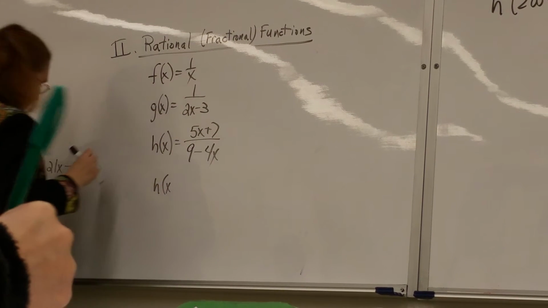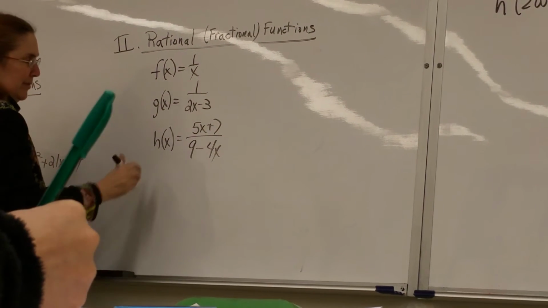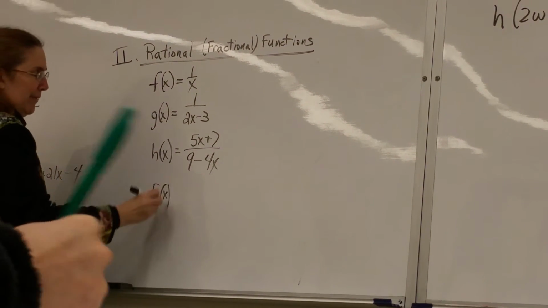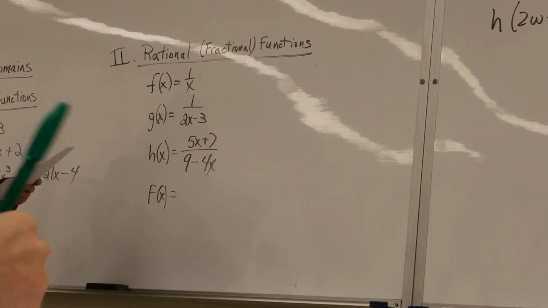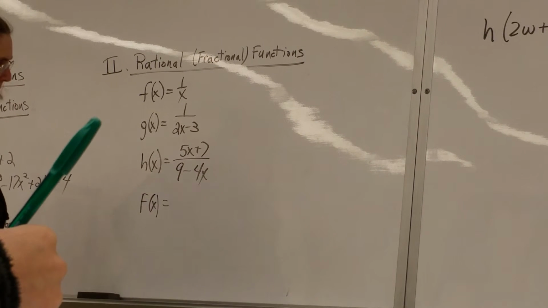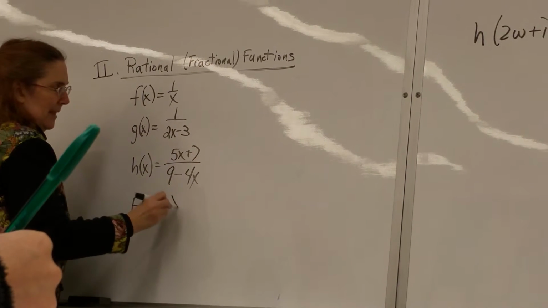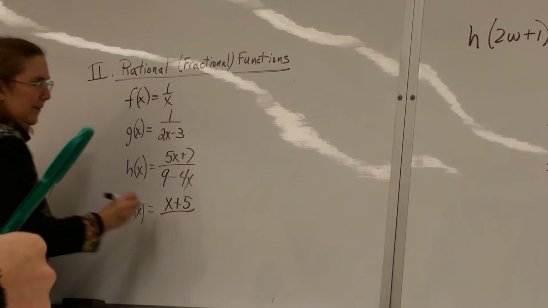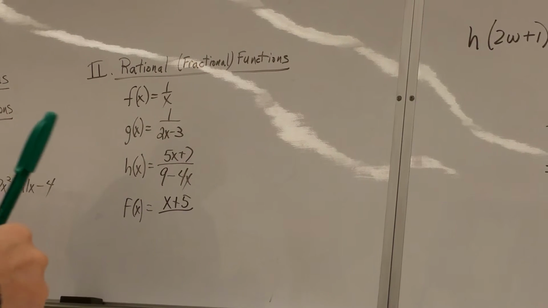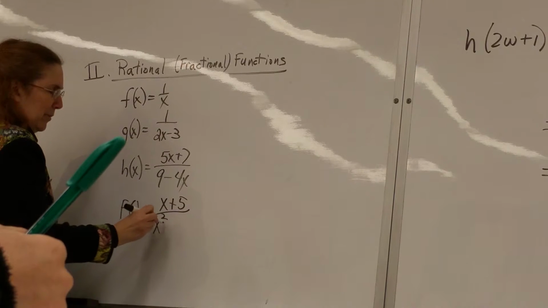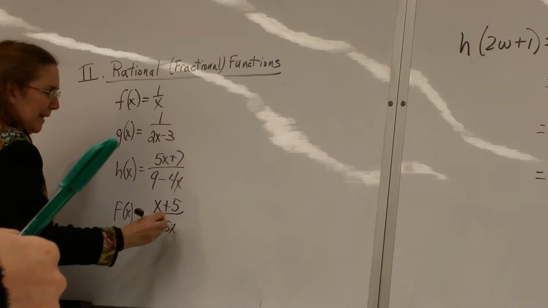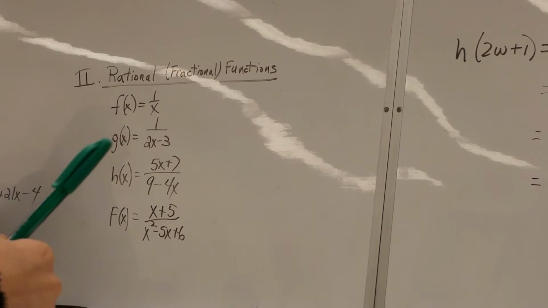Let's do capital F of x is x plus 5 over x squared minus 5x plus 6.